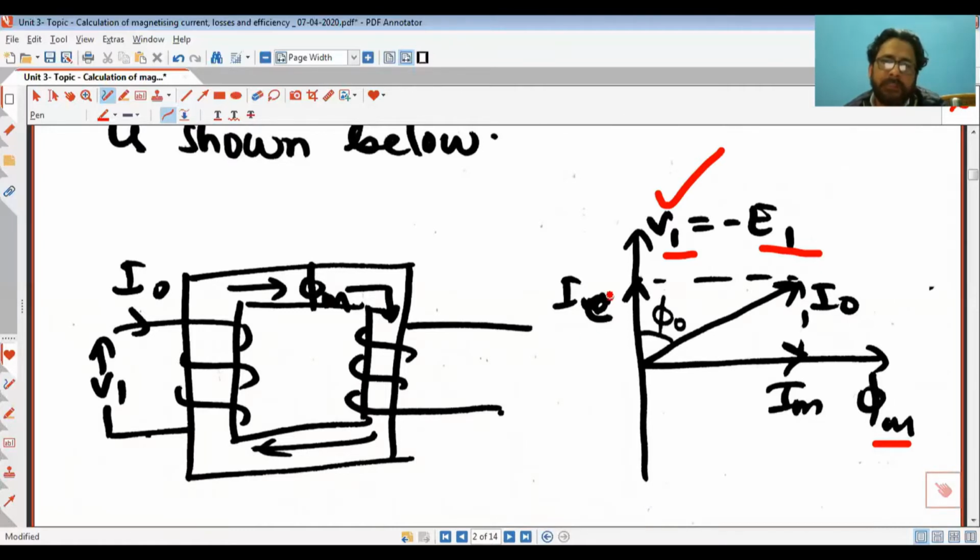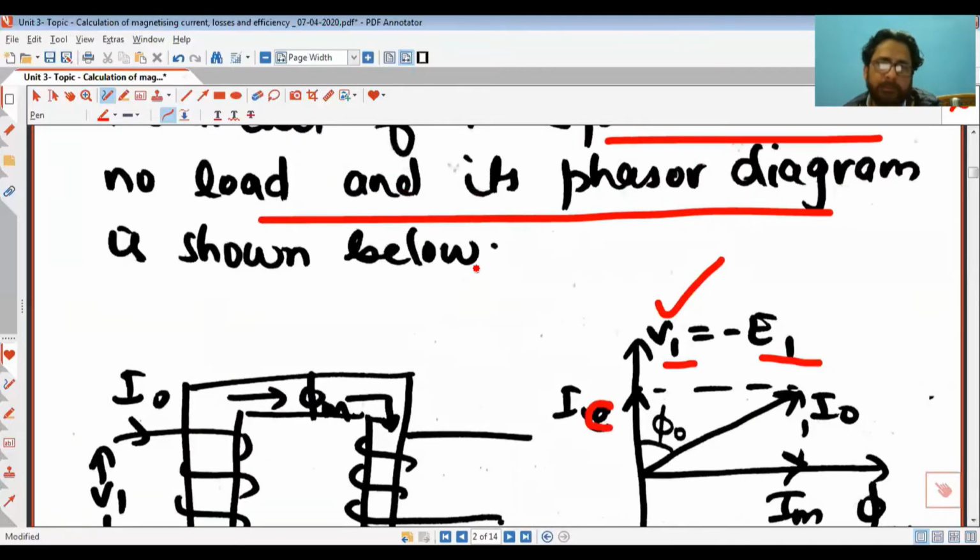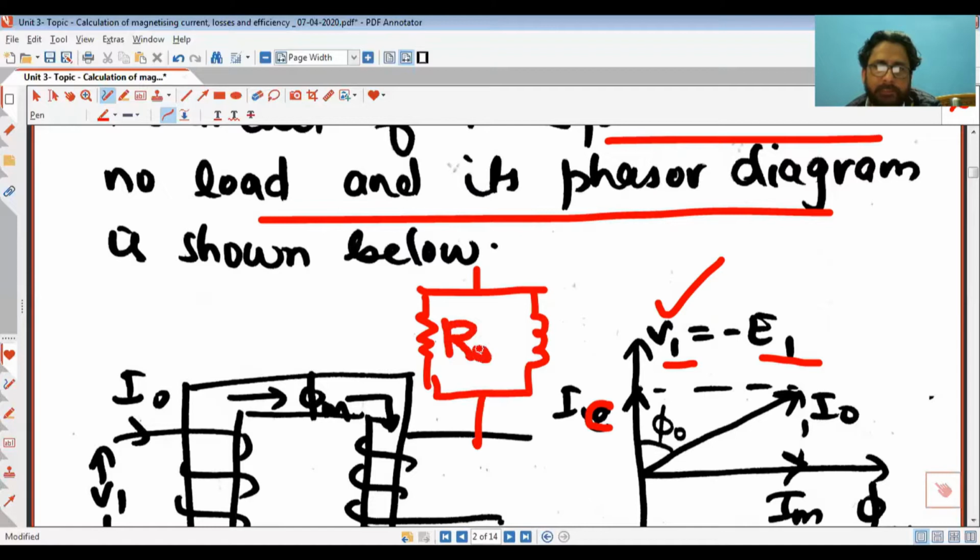So if we see the core parameters, there are two core parameters: the resistance of the core, if you remember this, and the inductance or reactance of the core. Let us say this is R naught, and this is X naught or XC, whatever notation you want to take. So across R naught, the voltage is V1, and the current through this R naught is IC.